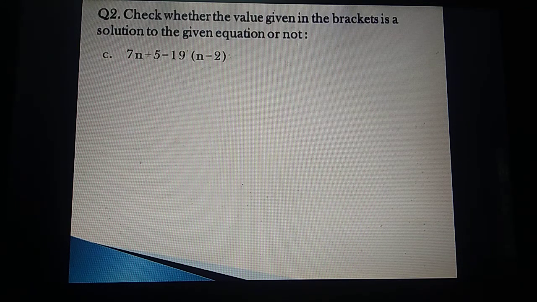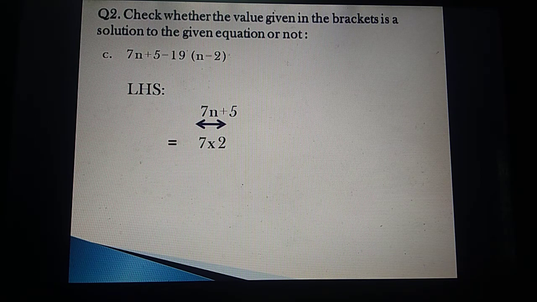Moving to C. 7n plus 5 equals to 19, for n equals to 2. LHS 7n plus 5, we will replace n by 2. So you will get 7 into 2 plus 5.